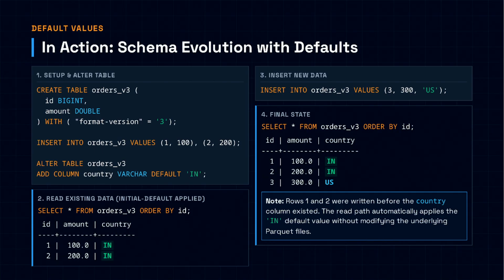And for any new rows that we insert, if we are supplying the new value, we are going to write that value instead of the default value. So the third statement shows that we have supplied the value for the new column, and then the query after that will show the value that we have supplied in the insert statement.